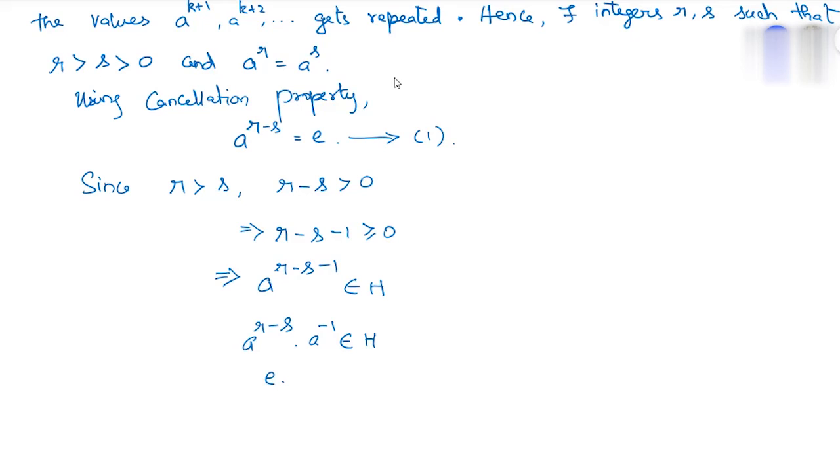Therefore e into a power minus 1, a inverse, belongs to H, which implies a inverse belongs to H. Hence, we have proved that if a belongs to H, then a inverse belongs to H.